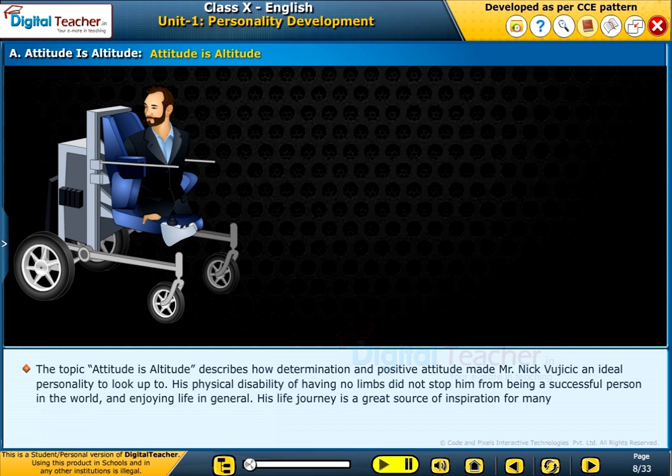The topic Attitude is Altitude describes how determination and positive attitude made Mr. Nick Vujicic an ideal personality to look up to. His physical disability of having no limbs did not stop him from being a successful person in the world and enjoying life in general. His life journey is a great source of inspiration for many.